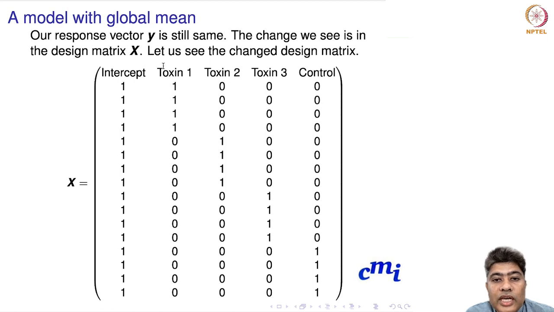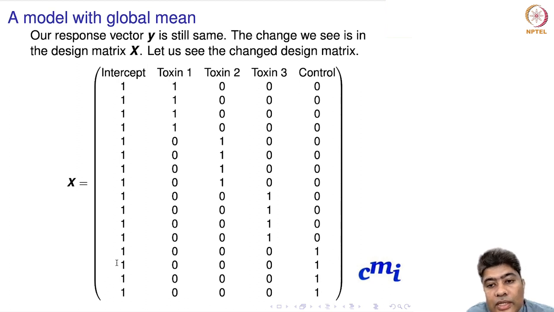Whatever design matrix we had before, we still have, but now we are going to have a fifth column, an intercept column.